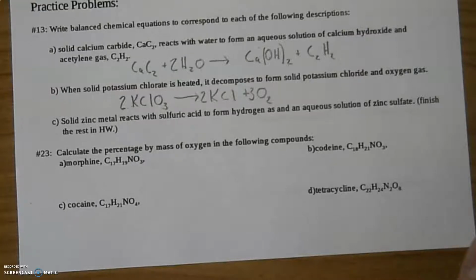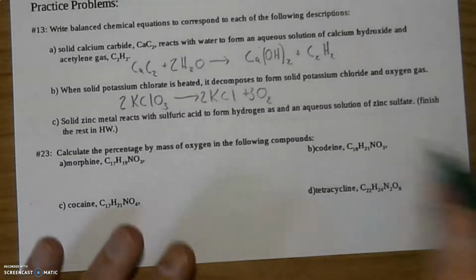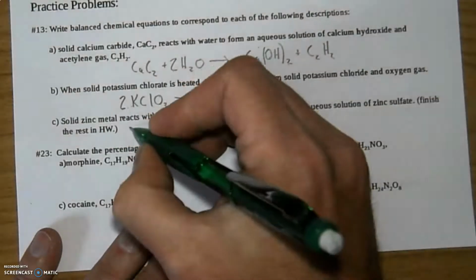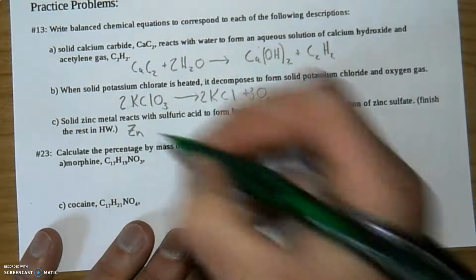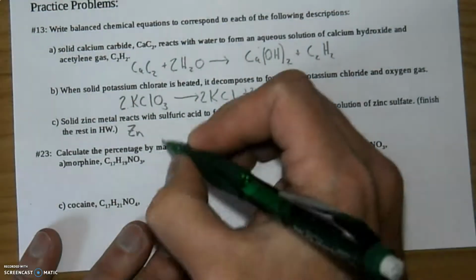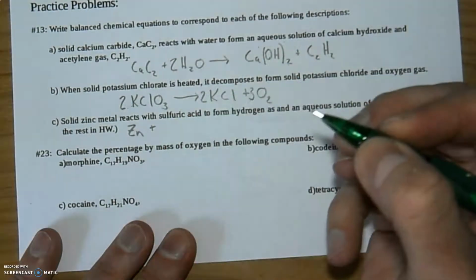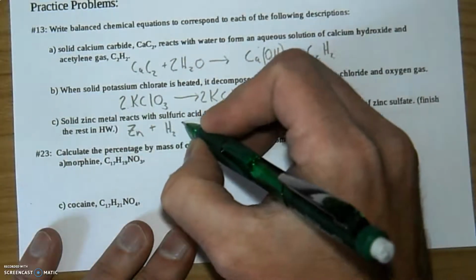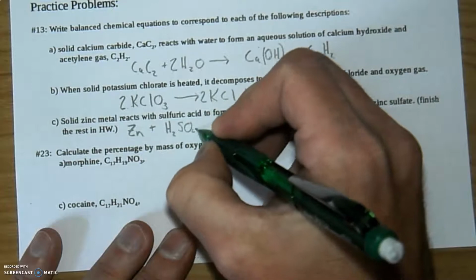as aqueous solution of zinc sulfate. Okay, let's go ahead and just run through that one really quick. Solid zinc. Got it. Reacts with sulfuric acid. This is not one of those common things you need to memorize. Sulfuric acid is H2SO4.